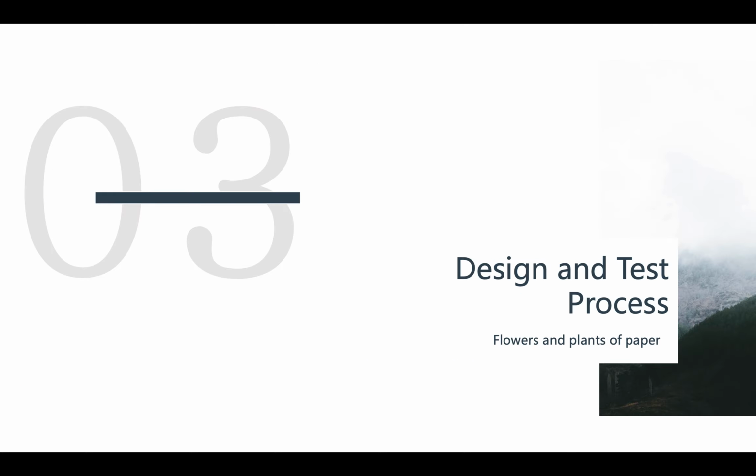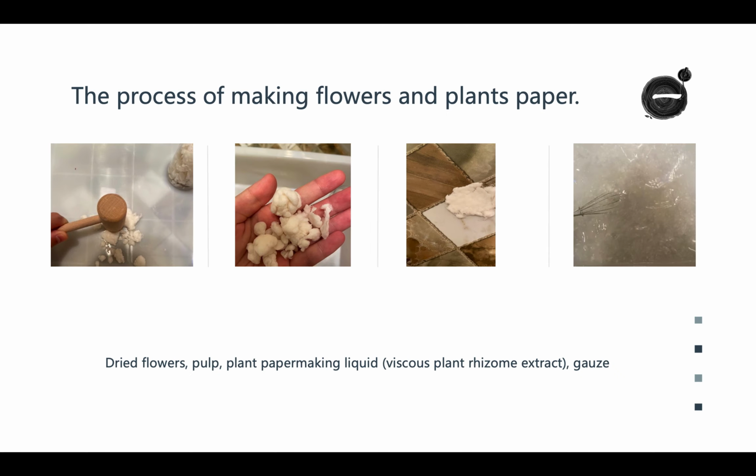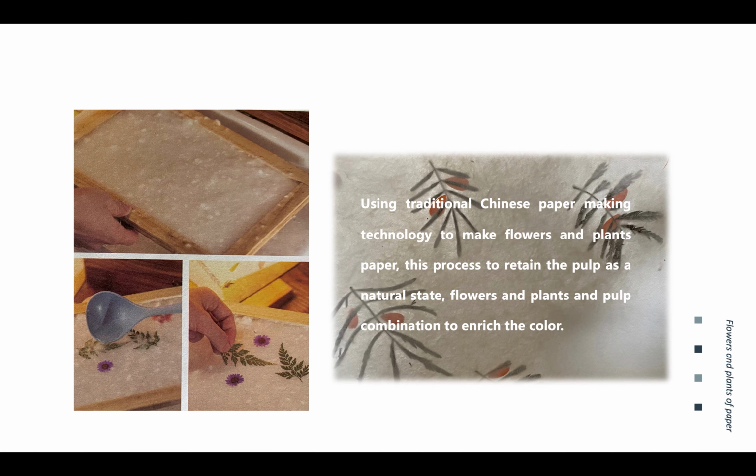And then is my design test process. I use the traditional Chinese technique of papermaking to make flower appliqué paper. In order to test the performance of this paper, I made a chandelier with flower paper.